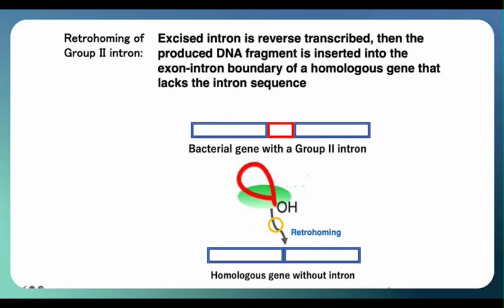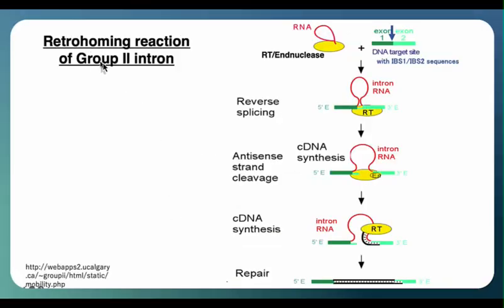I will explain this reaction in more detail. Group II intron retrohoming is a complex process involving several steps. The retrohoming process occurs as follows. This is a spliced-out Group II intron with a lariat structure. The protein required for assisting the splicing is still attached to the spliced-out intronic RNA.